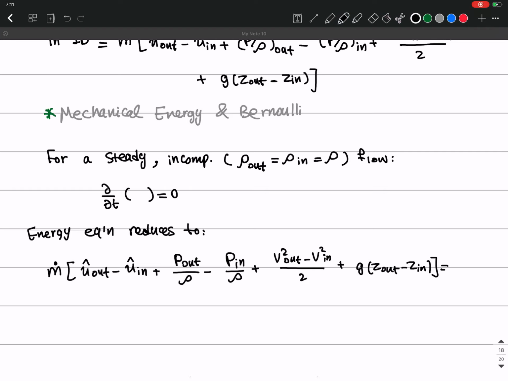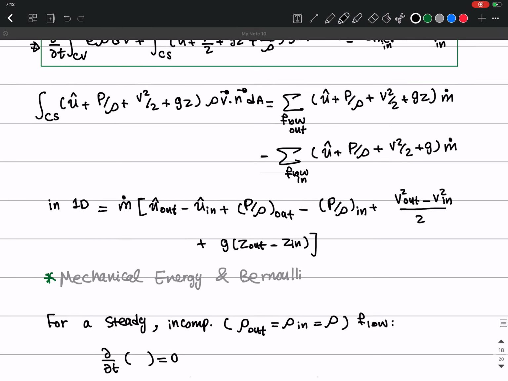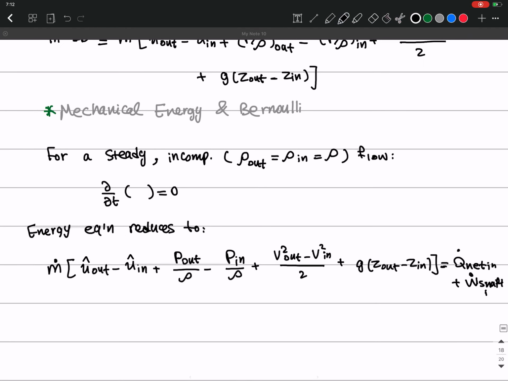Q dot net in plus W dot shaft net in, right?